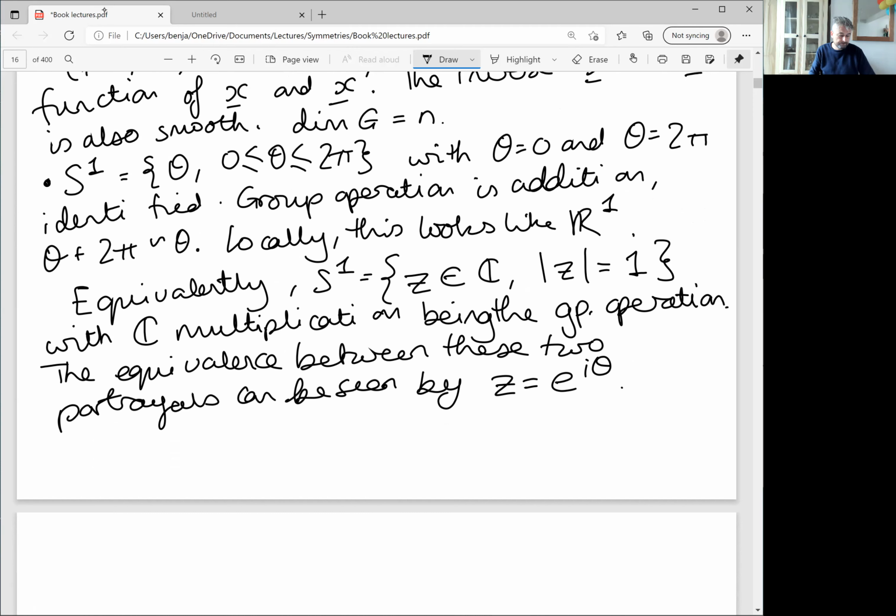So subgroups of a Lie group can be discrete.